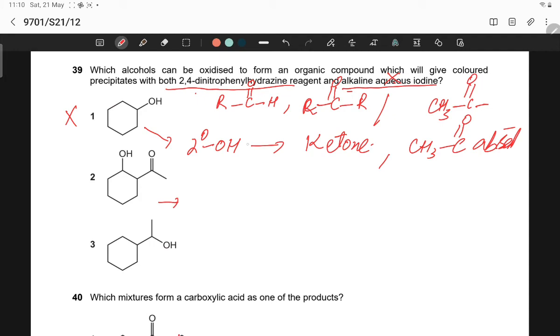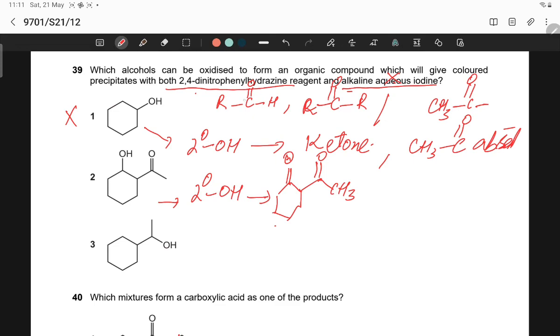This is again a secondary alcohol, which gives a ketone. Two ketone groups are present, and one ketone group is along with CH3.